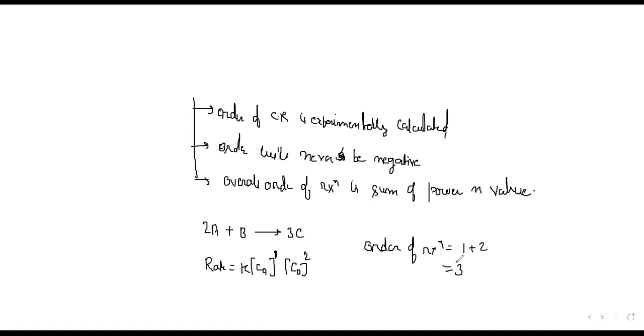Okay, after that I am giving you another concept. Write down the reaction: A plus 2B gives D, and the rate is equal to k into A to power 2, B to power 2.